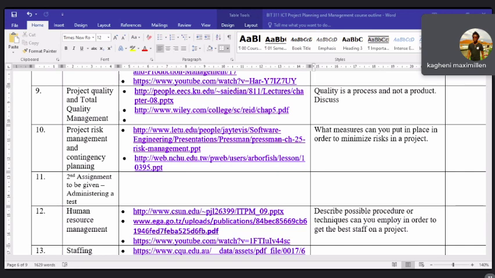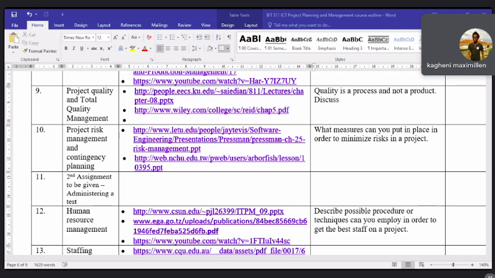The outcome of a project, the output, the deliverables of a project must be of quality.